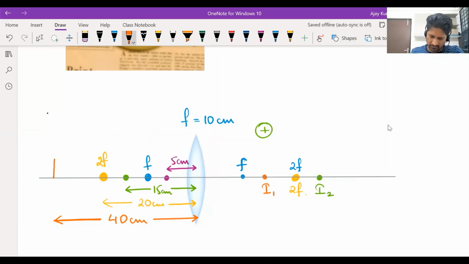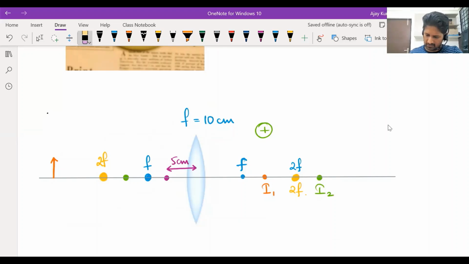Image forms between f and 2f. Okay. Let me show you all cases of image formation. You must be very comfortable with this, only then can you answer questions based on optical instruments clearly.